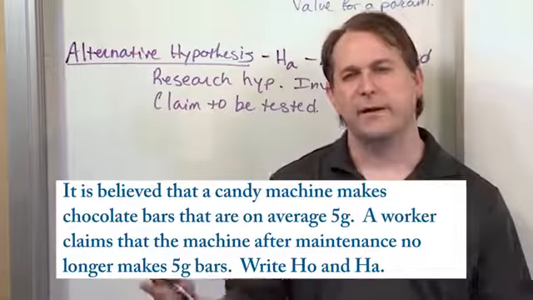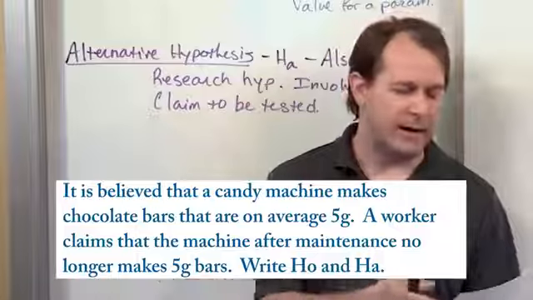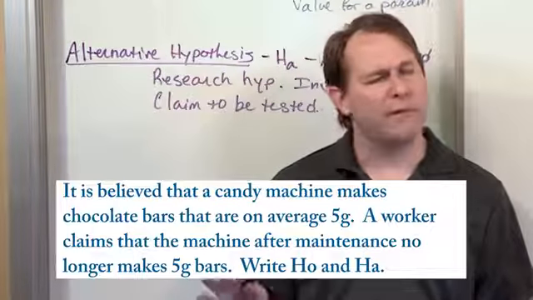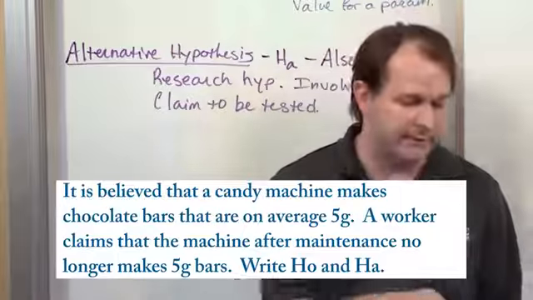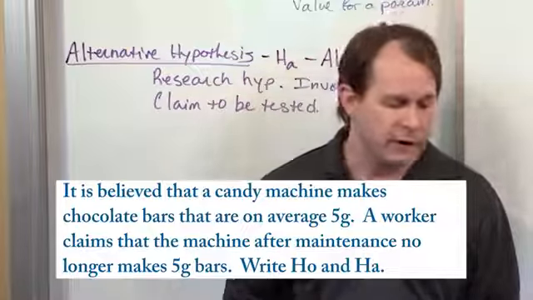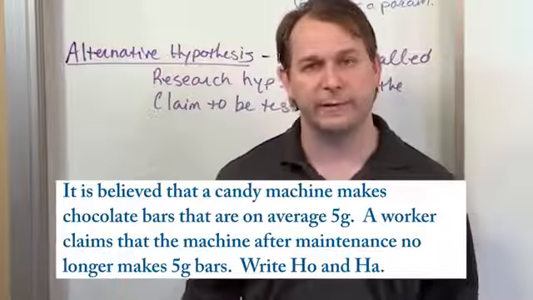So here you have a manufacturing plant that's been making chocolate bars for 10 years, right? They all come out, we believe, to be an average of 5 grams. But then some new worker is saying, wait, we've done maintenance on this, it doesn't seem to be behaving. I think that this machine is no longer making chocolate bars that are an average of 5 grams. So what would be the null hypothesis and what would be the alternative or the research hypothesis?